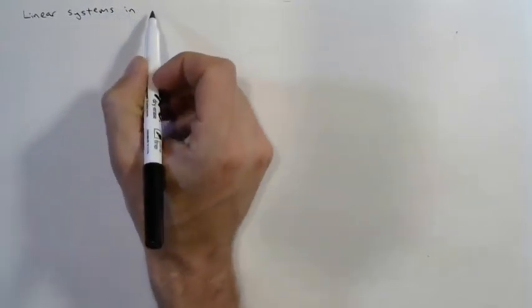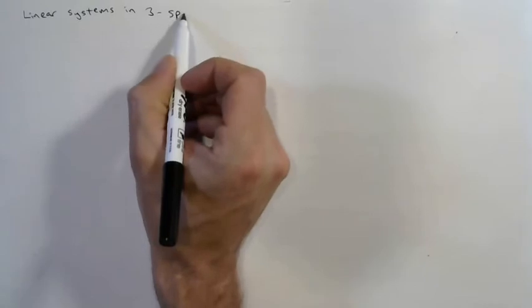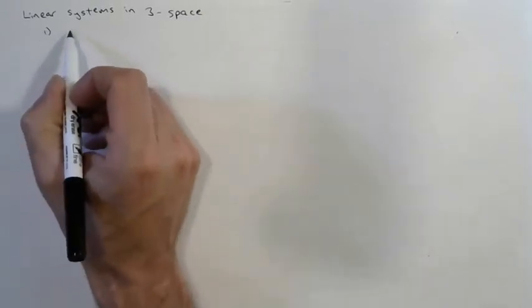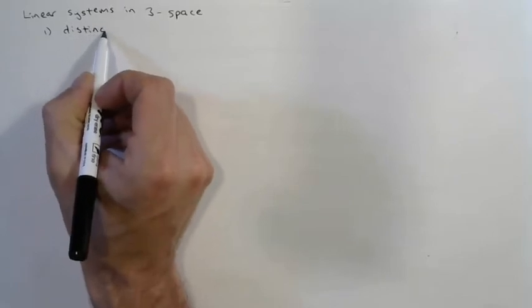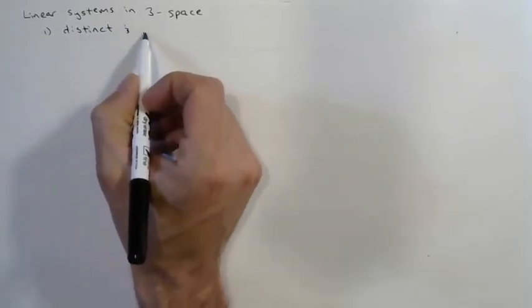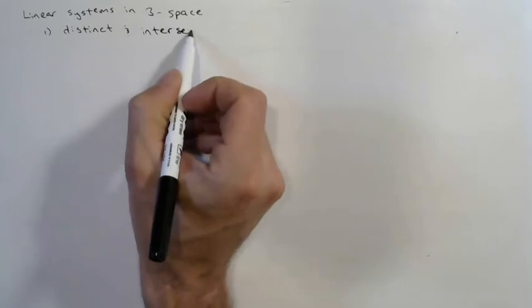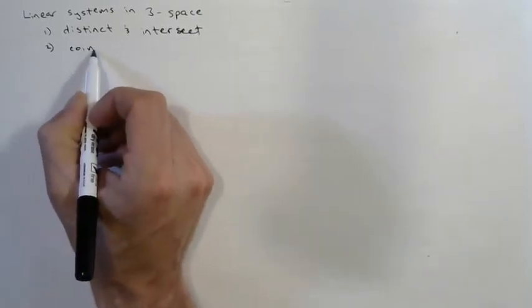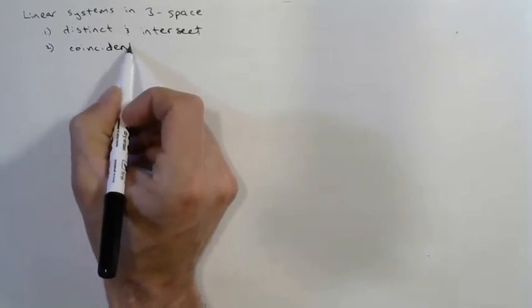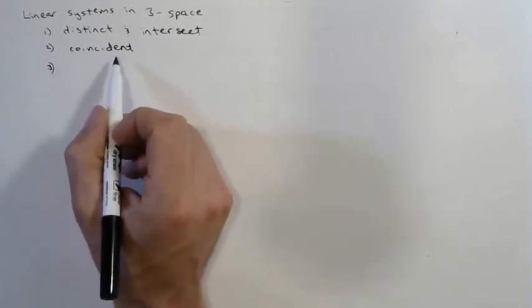Linear systems in 3 space. There's 4 options. 1, they can be distinct and intersect. They can be coincident, same line, infinite solutions.